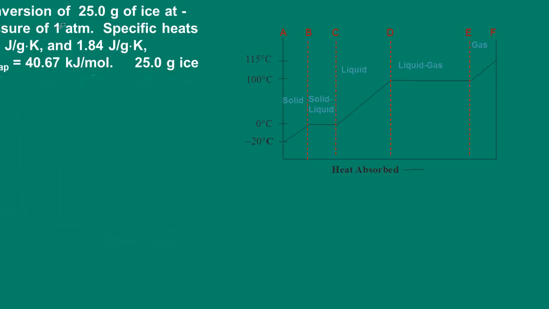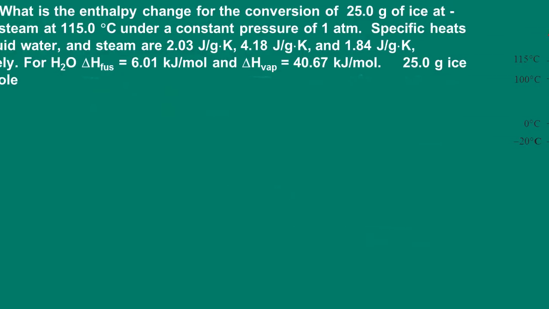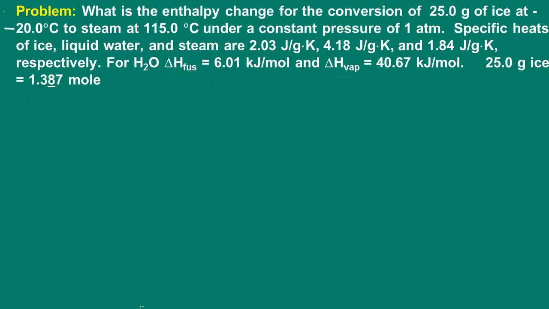And then our enthalpy change will be the total amount of heat absorbed from a negative 20 degrees to 115 degrees. For this first part, we're going from a negative 20 degrees to 0 degrees. So we're just heating the ice.